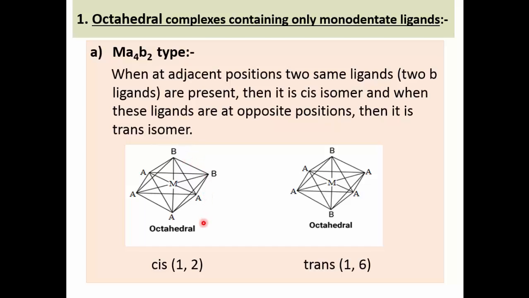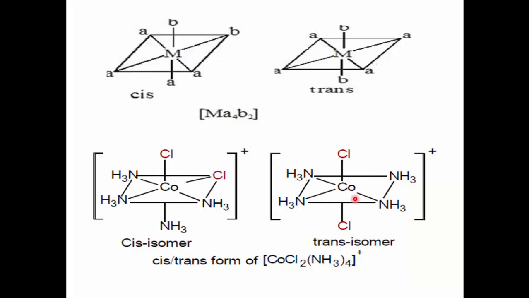So this is again that structure: at first and second position, two same ligands, B ligands, are present, therefore this is the cis or 1,2 isomer. And see, this is the trans isomer. In this we observe that at first and sixth position the same ligand is present, and therefore it is called a trans isomer. This cis and trans isomer are also shown with the help of this diagram.